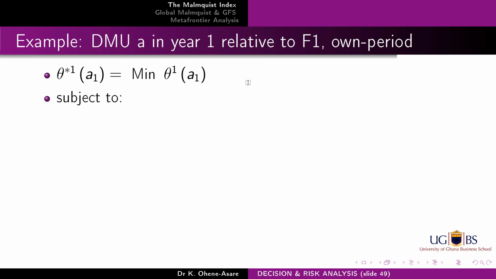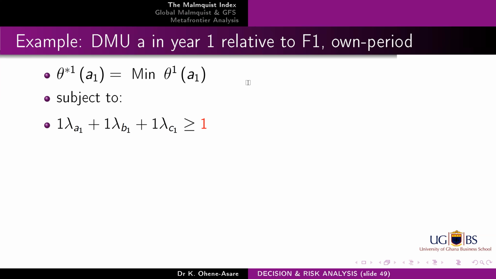Then we look at the input side, and that will be 1 lambda A1 plus 3 lambda B1 plus 3 lambda C1 less than or equal to 1.